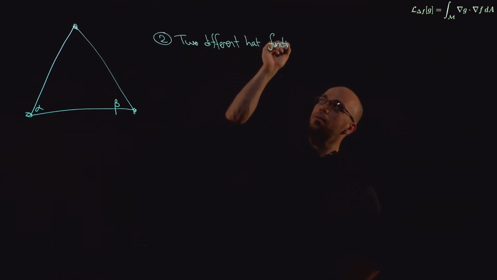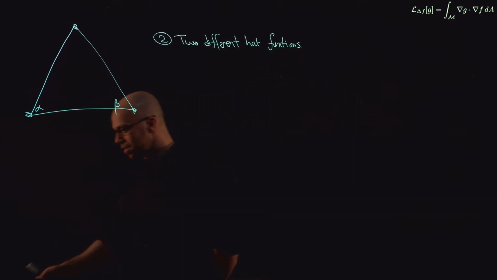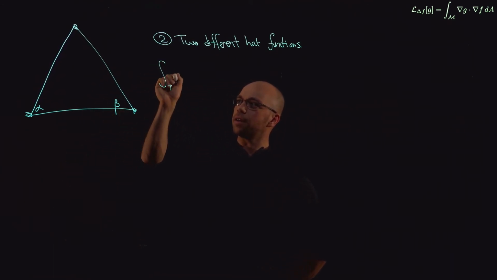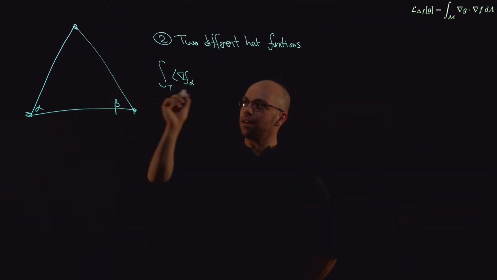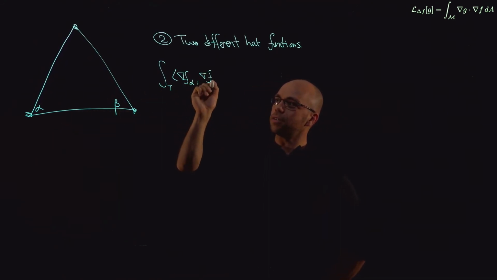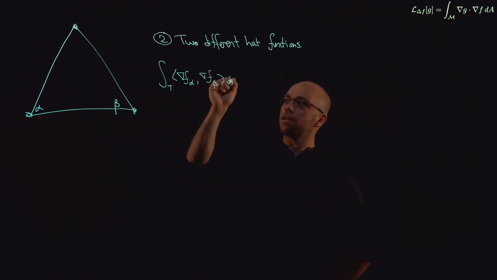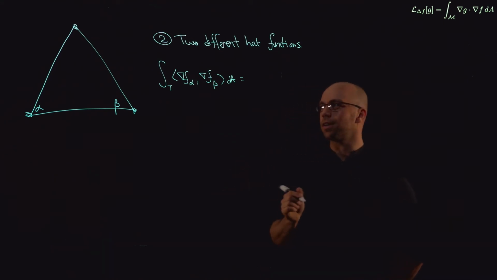Okay, so now we need a slightly different line of reasoning, but only slightly. For some reason I keep getting it wrong, but in any event, what do we have? Now we have the integral over our triangle of the dot product between the gradient of the hat function that's 1 at the angle with alpha and the gradient of the hat function that's 1 at the corner with beta, d area. But once again, these are just 2 different constant vectors for our whole triangle.